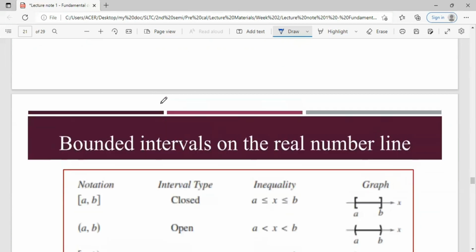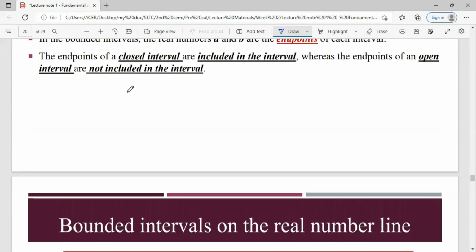So there are two types of intervals. One is the bounded interval. The other one is the unbounded interval. Okay, you know that intervals we can divide into two types.